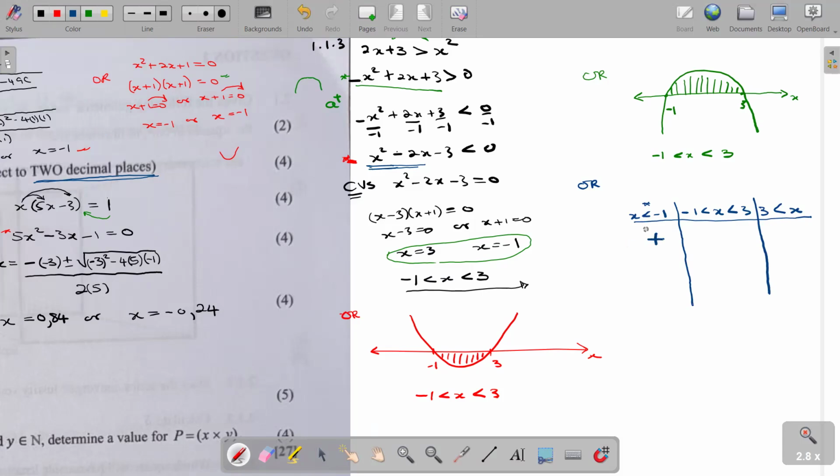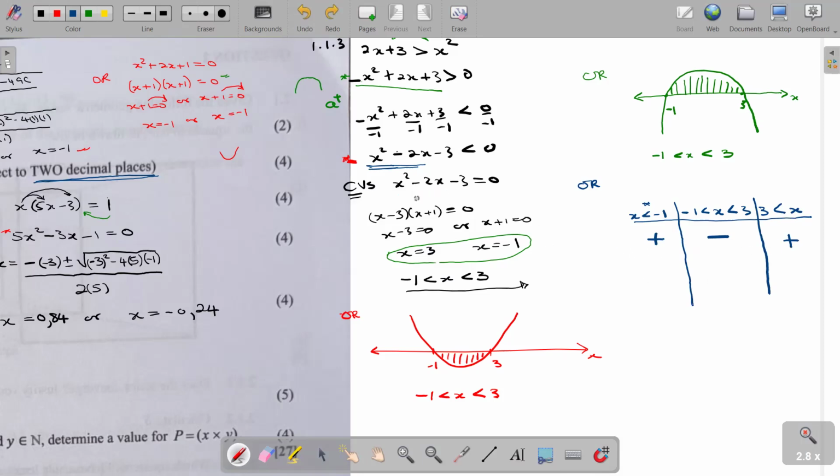Then always know that the pattern will be interchanging once you arrange your regions in ascending order. Here it will be negative, here it will be positive. You can do it by testing a number which is between -1 and 3. We can substitute 0. If we put 0 there, it is 0 minus 3. The answer is negative. Once we have done, you now have a table like that.